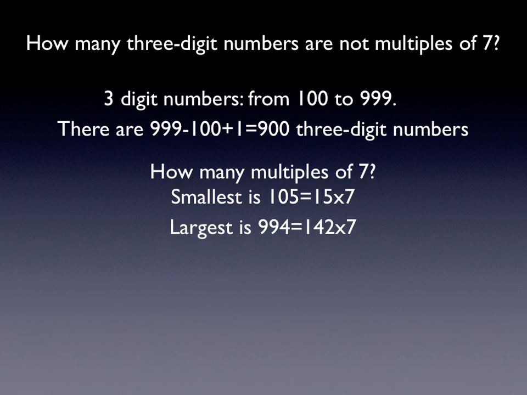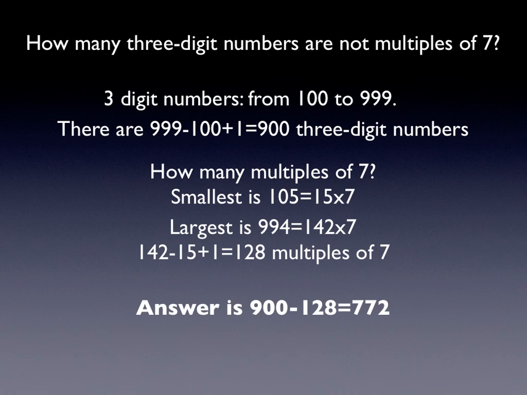Now the largest is 994, which equals 142 times 7, because after 994 is 1001, which is not a 3-digit number. So we have from 15 times 7 up to 142 times 7. So there's 142 minus 15 plus 1, with the 1 for the last number, which is 128 multiples of 7. So our answer is 900 minus 128, which is 772.